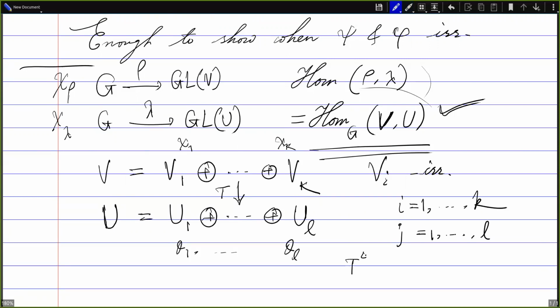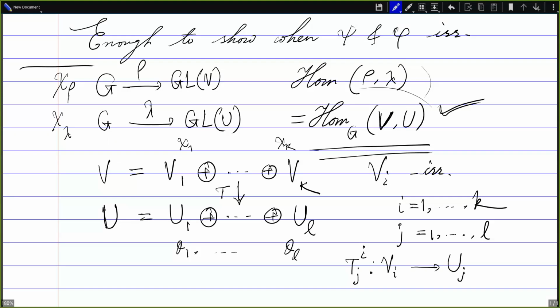Let's denote the restriction by Ti. Thus Ti is a map from Vi to U. Now we project that map on Uj, and let the projection of Ti on Uj be denoted by Tij.